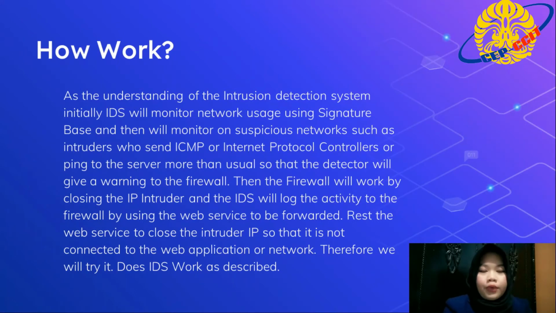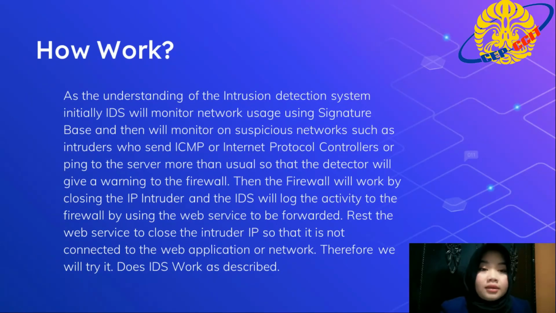Okay, now we talk about how IDS works on web application. In IDS on web application, IDS will supervise the use of the network using the signature base, and it will monitor suspicious networks such as intruders who send ICMP, or Internet Control Message Protocol, or ping to the server more than normal.